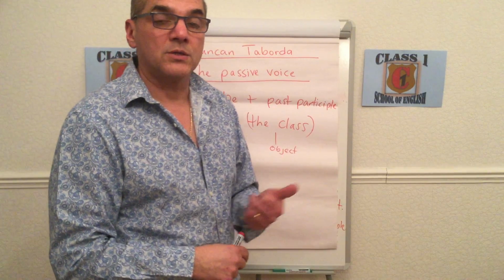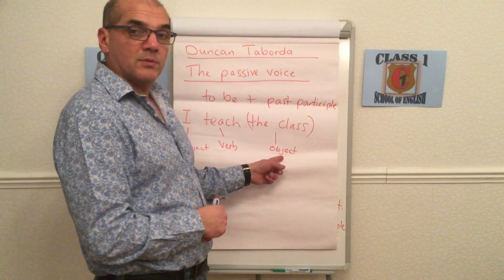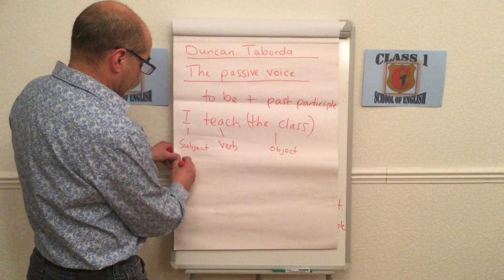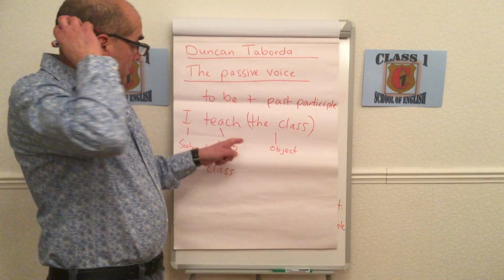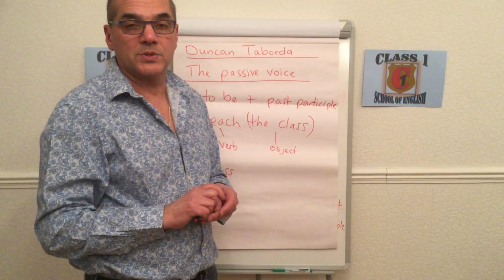So let's do that. I'm now going to flip this on its head and make the object into the subject. So I'm going to write the class as my subject. This tense, I teach, is the present simple tense.